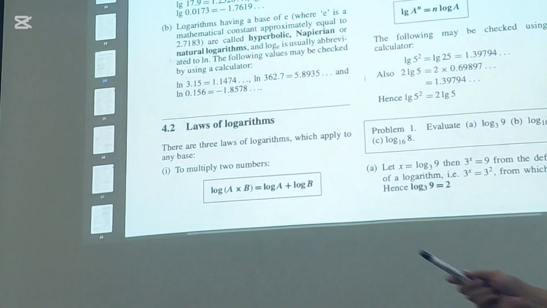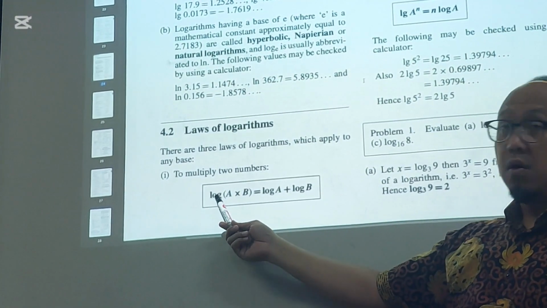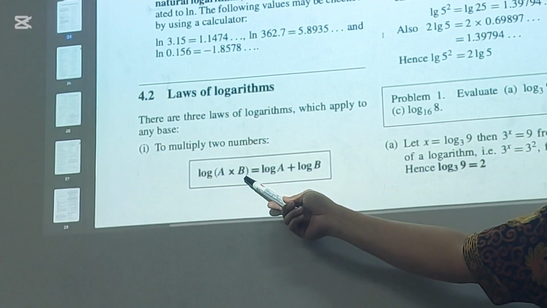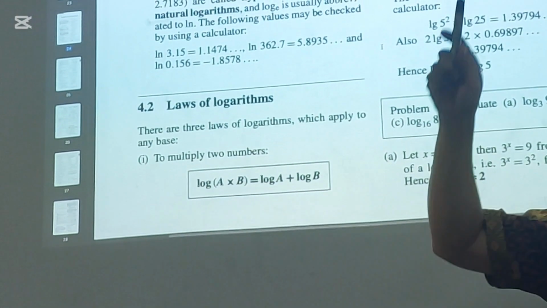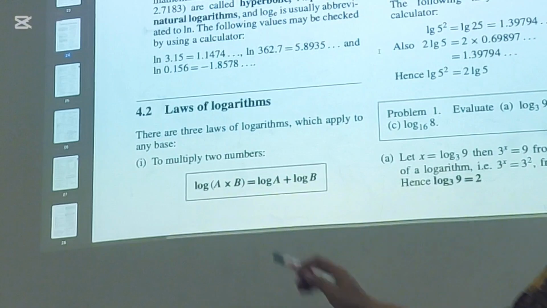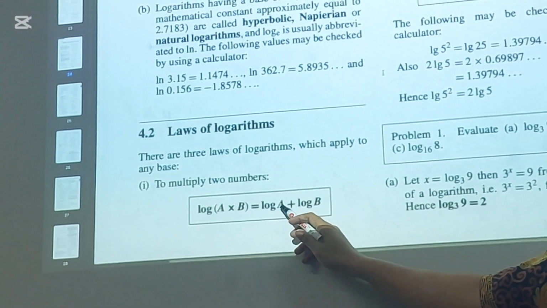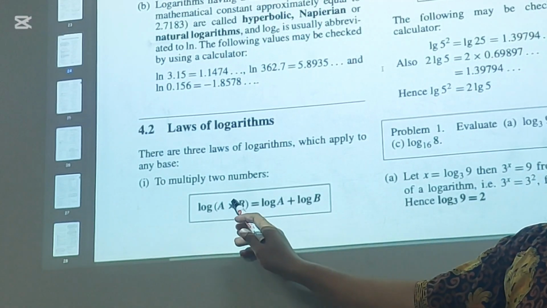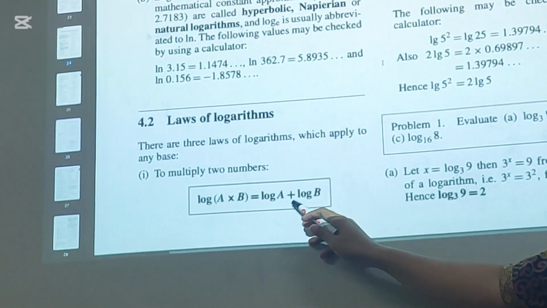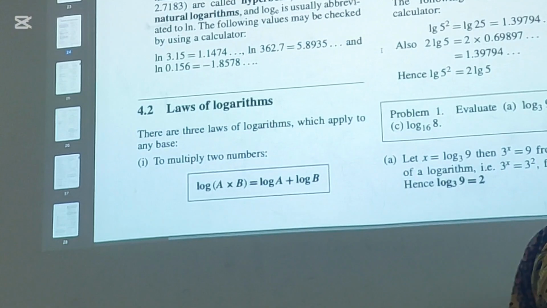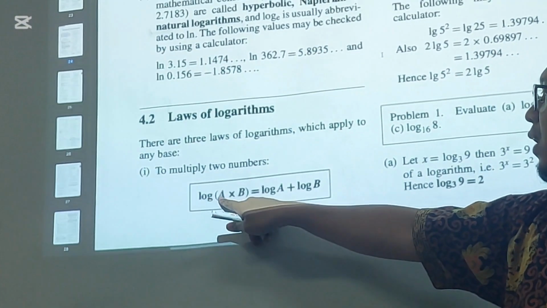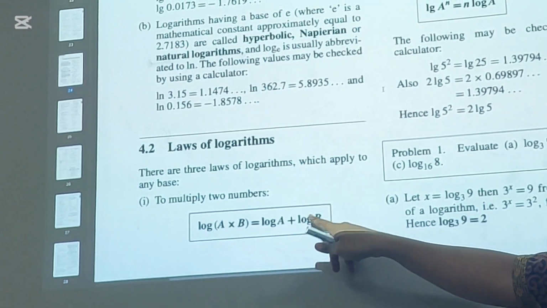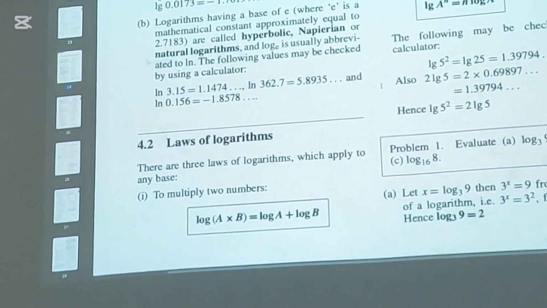The first law: if you have log of A multiplied by B inside the parenthesis, it will be equal to log A plus log B. So if this is multiplied, the equation becomes a sum. So log of A multiplied by B will be equal to log A plus log B. This is the first law.